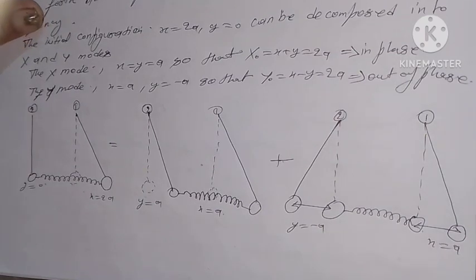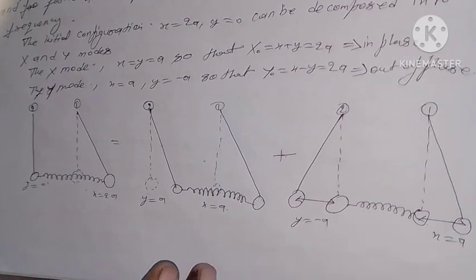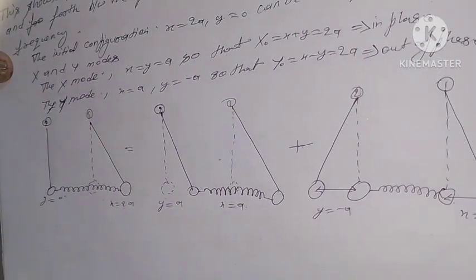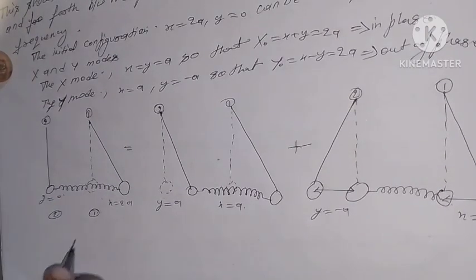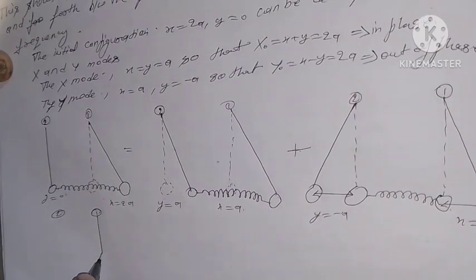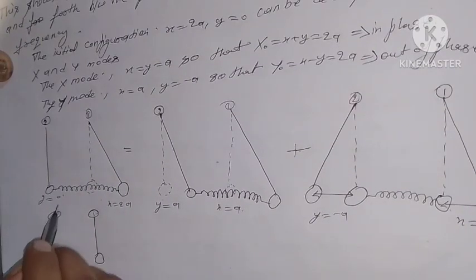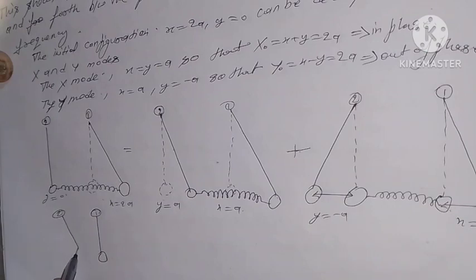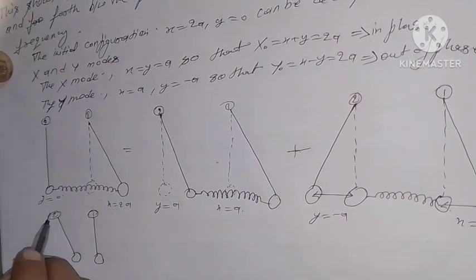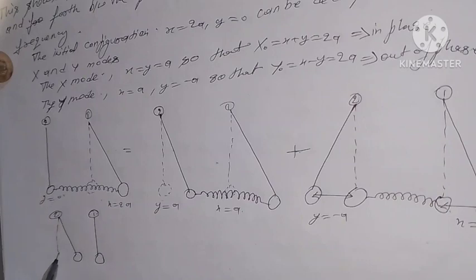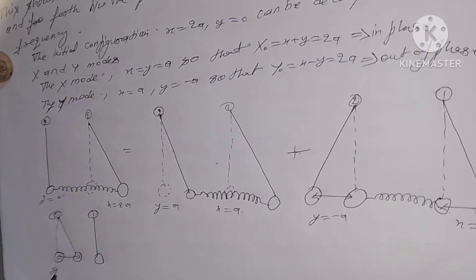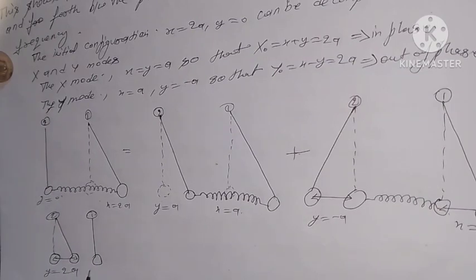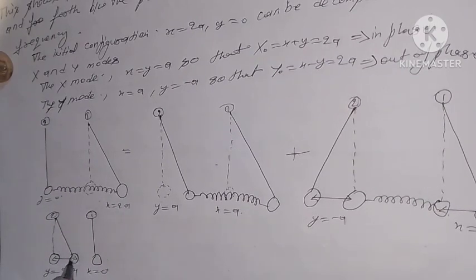Okay, and in the next condition, this is the second position, this is the first position, and this is Y equal to 2A and X equal to 0.